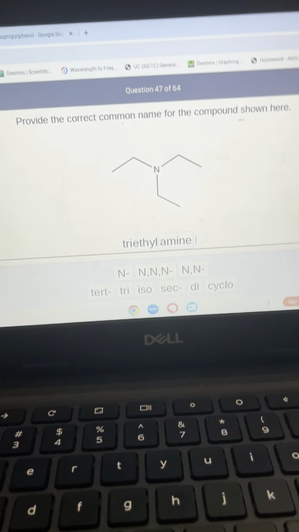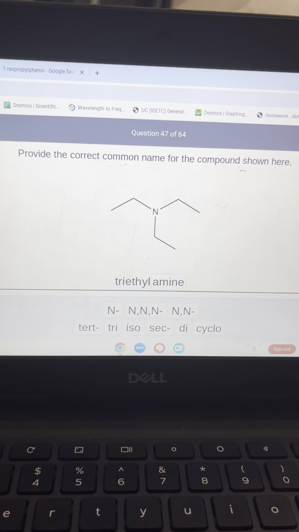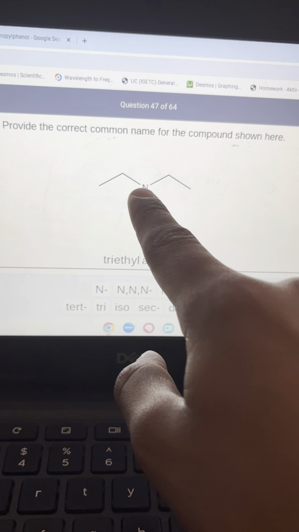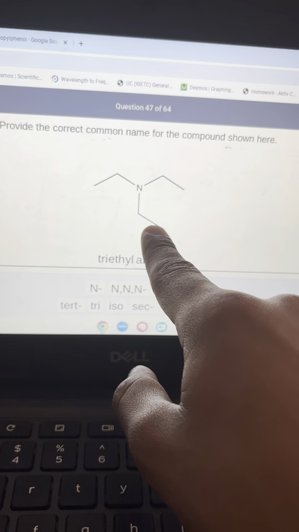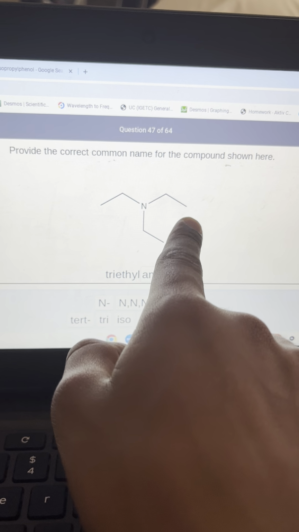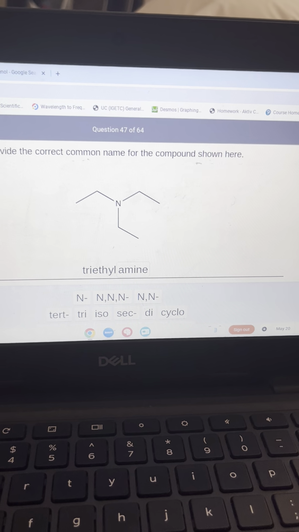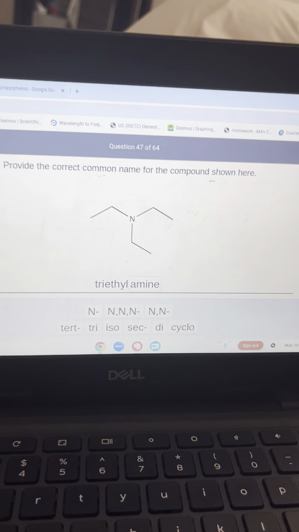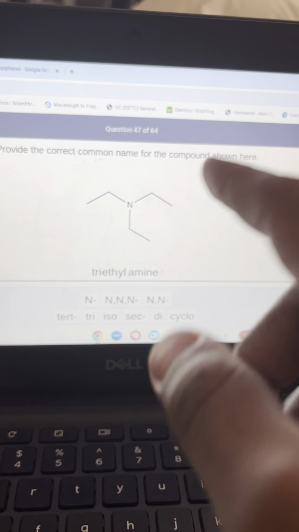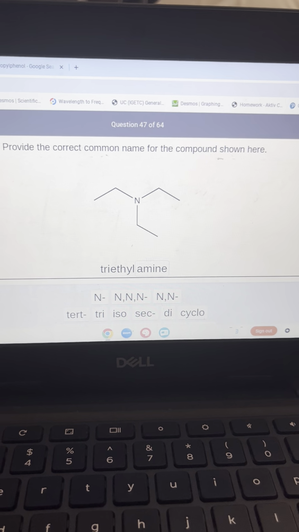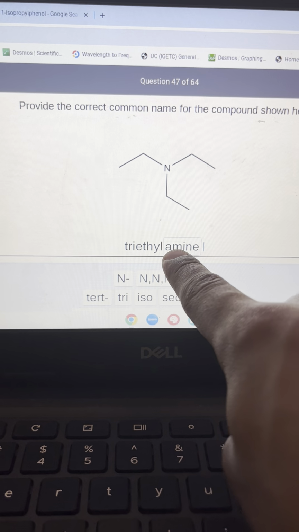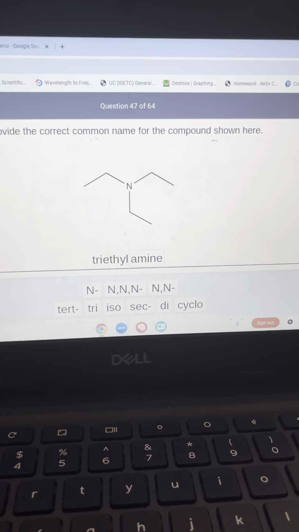Okay, but here we have the nitrogen, and then we have 3 lines coming off. What does that mean? Remember, these double lines like this tell us that these are ethyls. Those are all ethyls. What that's saying is that there are 3 ethyls connected to the nitrogen, and nitrogen is amine. So what we would do, we'd put tri for the 3 of them, ethyl, and then just amine, just like that.